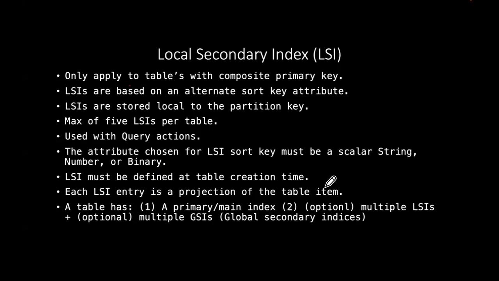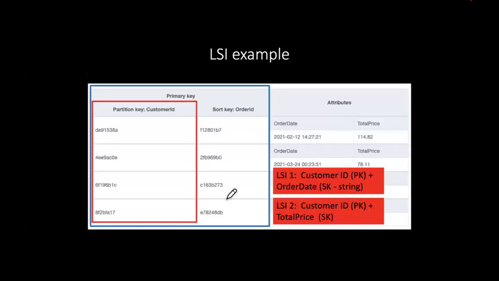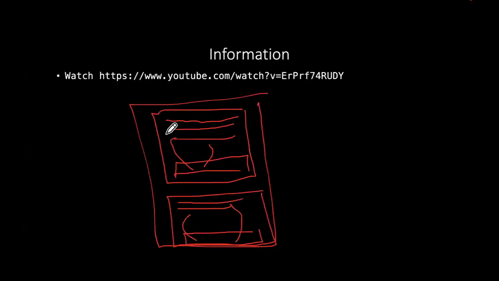And what I mean by a projection of it, if I go back to my picture, this is my main index, and this is the local secondary index. You can have the entire item projected down into the local secondary index, or you can declare that only certain non-key attributes should be projected down into the local secondary index.